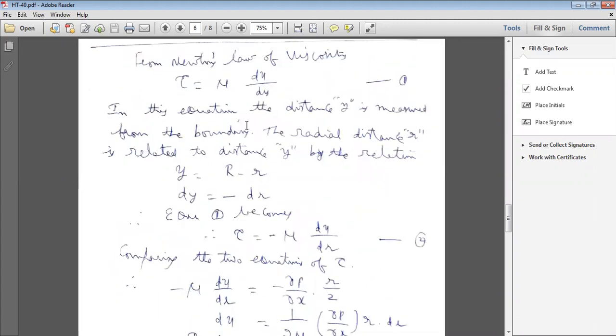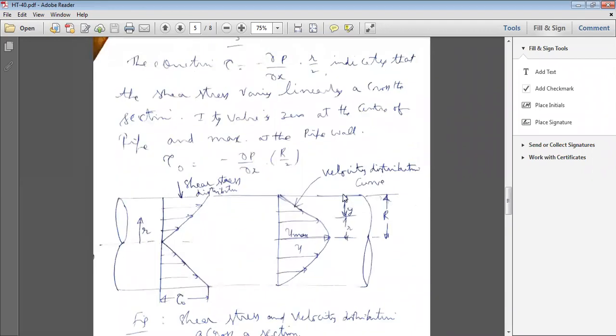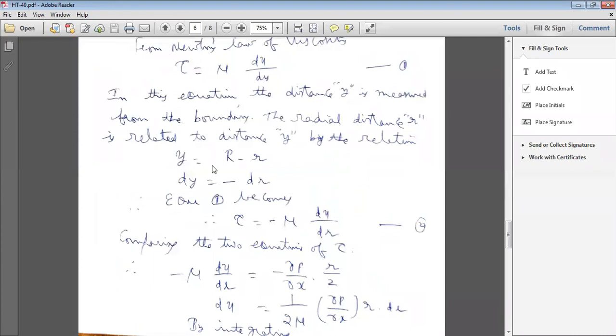The radial distance r is related to distance y by the relation y is equal to capital R minus small r.